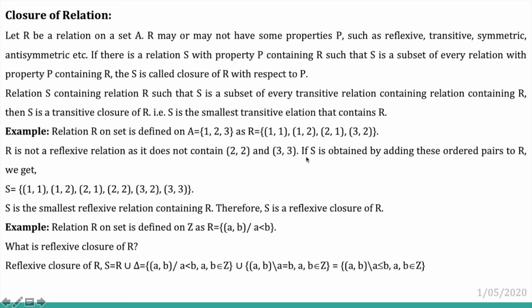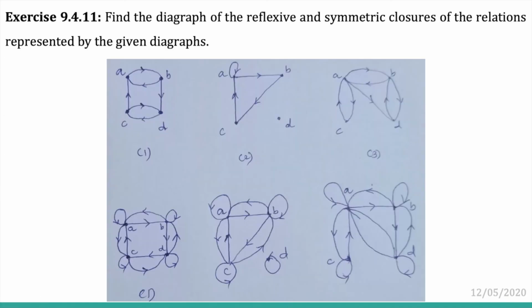We can obtain relation S by adding those two ordered pairs into relation R. This way we get relation S defined over the same set {1, 2, 3} and containing these 6 ordered pairs. Further, this relation S is a subset of any relation that contains relation R and has the property of being reflexive. Therefore, this relation S is the reflexive closure of R.